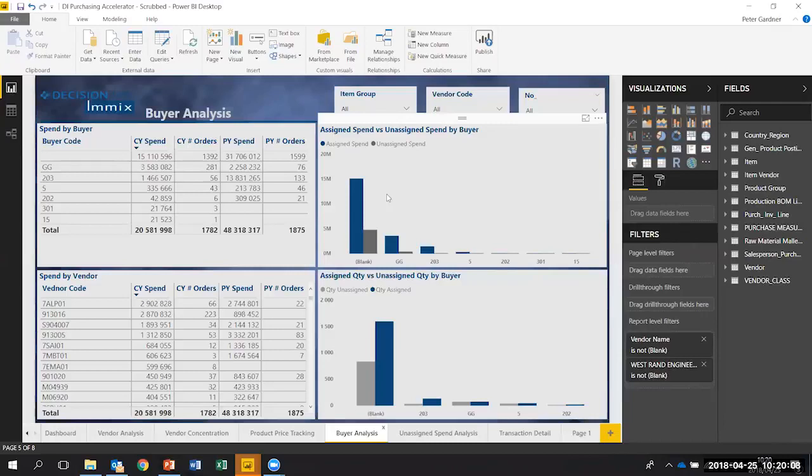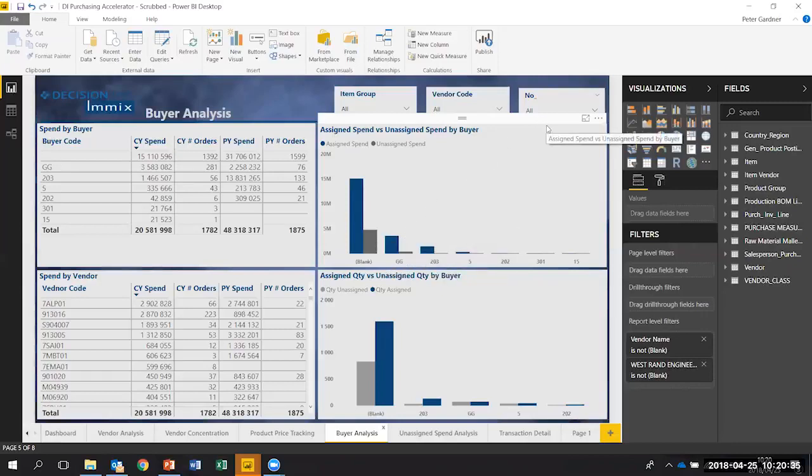So if you are buying a component that you use to manufacture a certain product, or, let's say, an oil or some kind of item that's used in the manufacturing process of a specific product, that will appear in assigned spend.